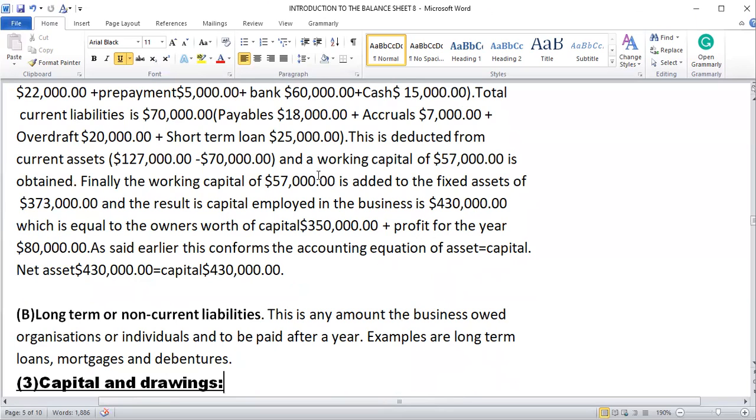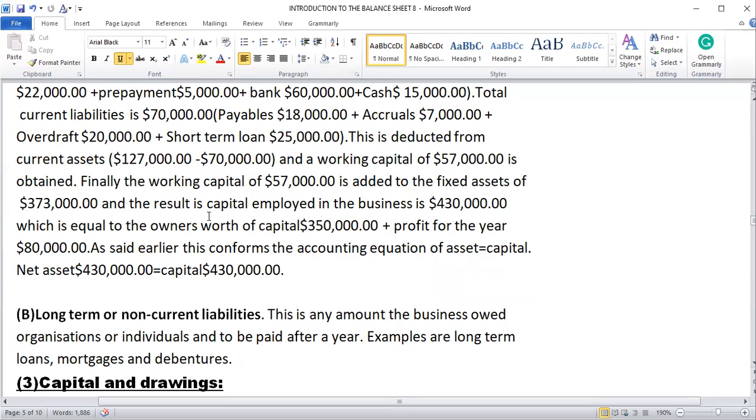That's what I'm showing here. $57,000 working capital plus the fixed assets of $373,000 gives $430,000, and the result is the capital employed.